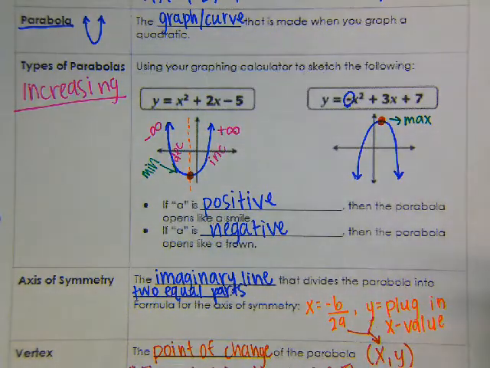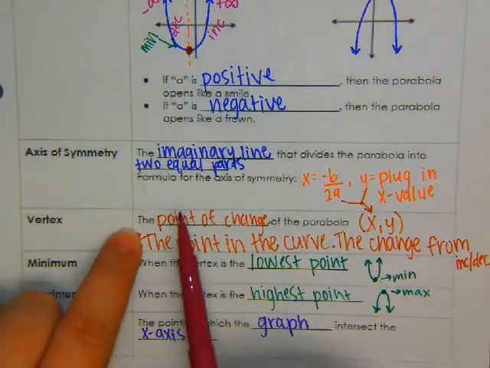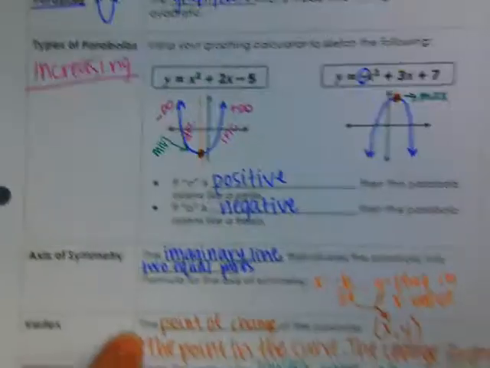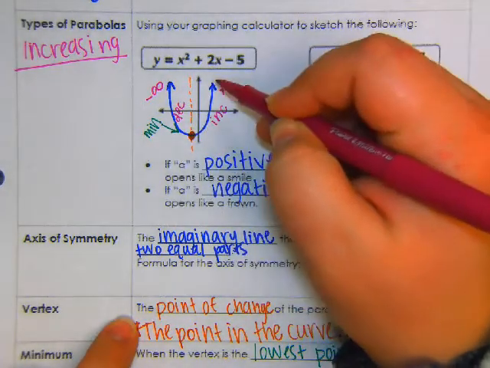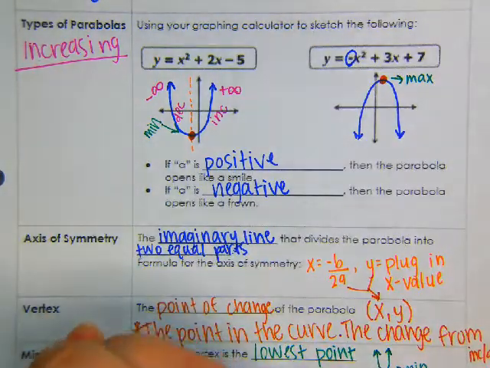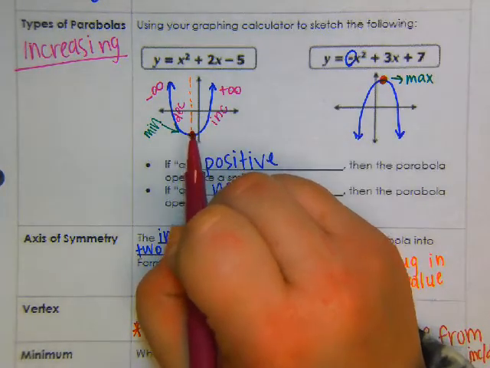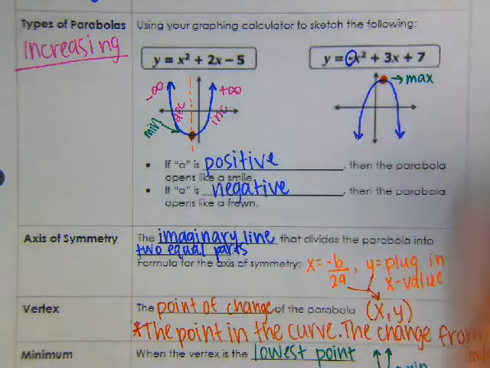And so remember down here under vertex, I told you that it is the change from increasing to decreasing right here. At this point is when I change from decreasing to increasing. So if we want to write increasing as an inequality or an interval, we have to start at this point. And increasing and decreasing inequalities or intervals always use the x value.